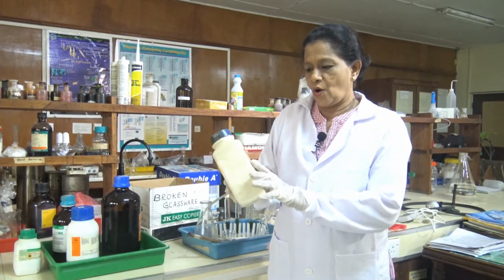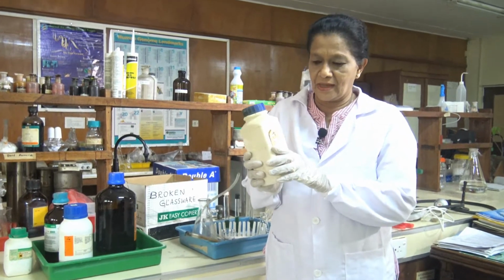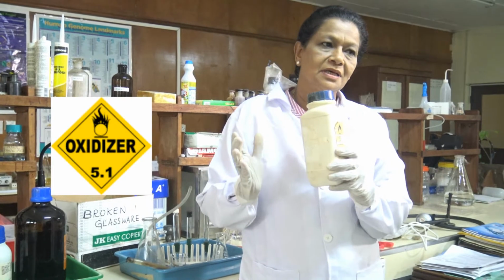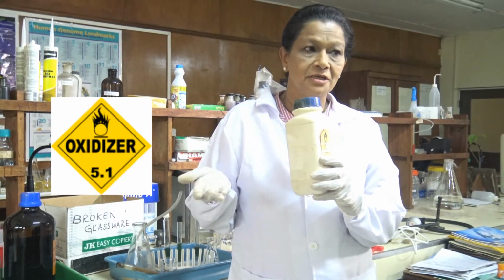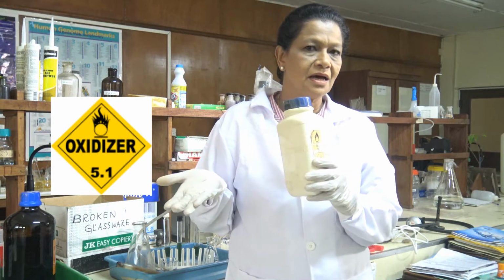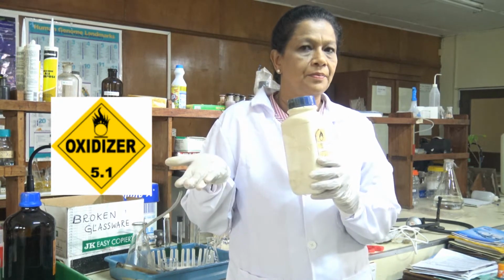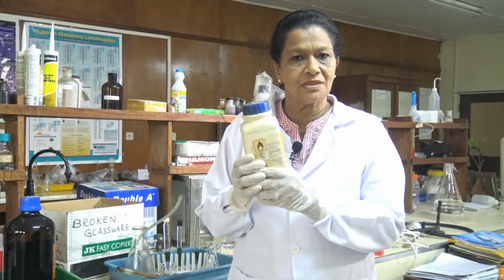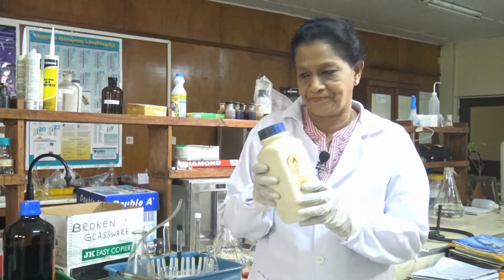Thirdly, oxidizers. An oxidizer is a substance that can cause combustion at room temperature. Examples for oxidizers are nitrates, perchlorates and permanganates. These can cause thermal burns.